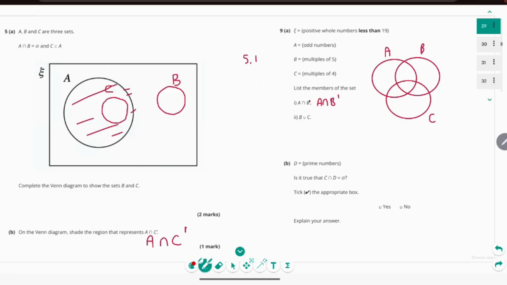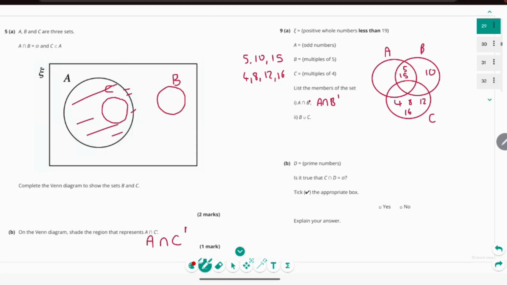Let me just put the multiples of 5. We've got 5, 10, 15. Odd numbers, I won't bother writing those out. Multiples of 4, 4, 8, 12, 16. So 5 would be here. 15 would be here. 10 would be here. And then for C, multiples of 4, 4, 8, 12, 16.